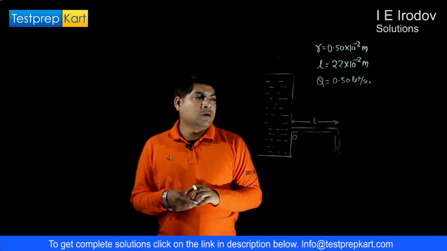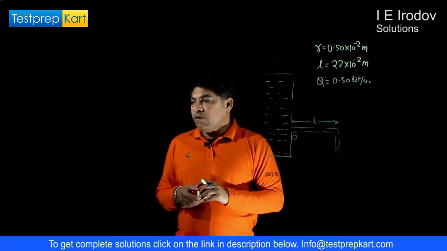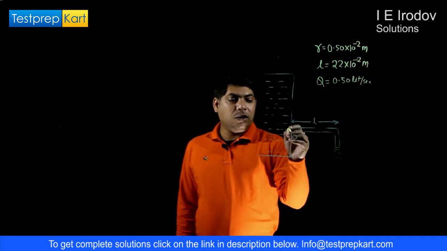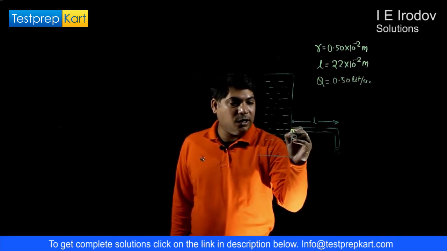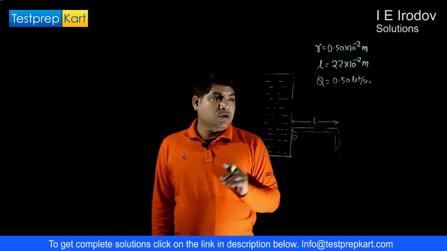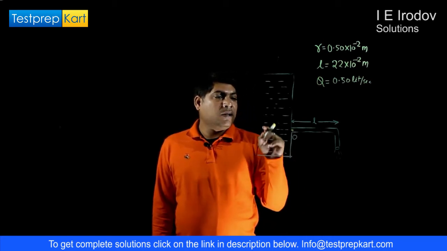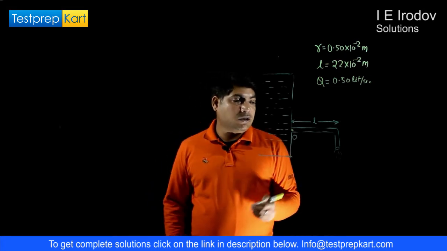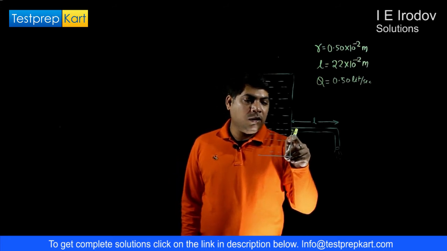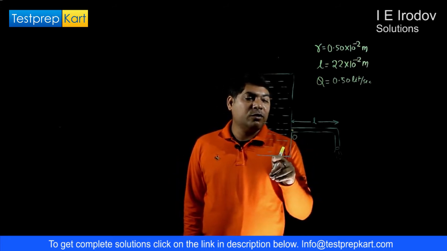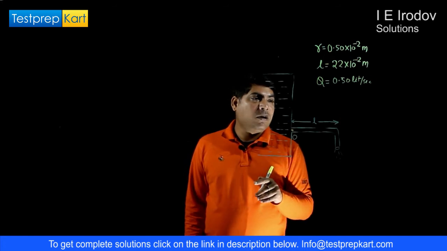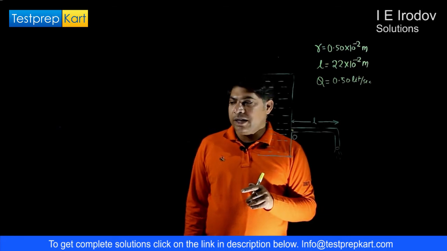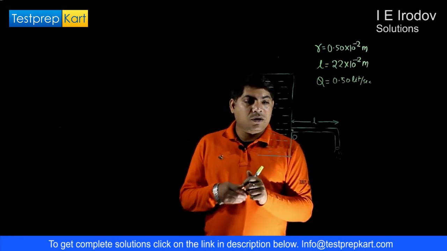Now we need to find the moment of the reaction force of the flowing water acting on the tube wall about this point O. Moment of force means the multiplication of length and the force working on it. So let's see.